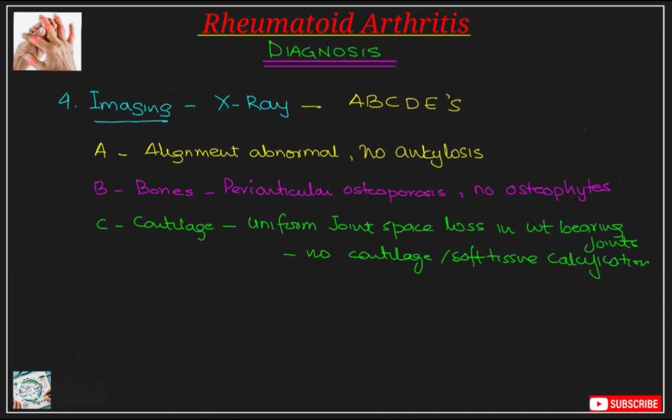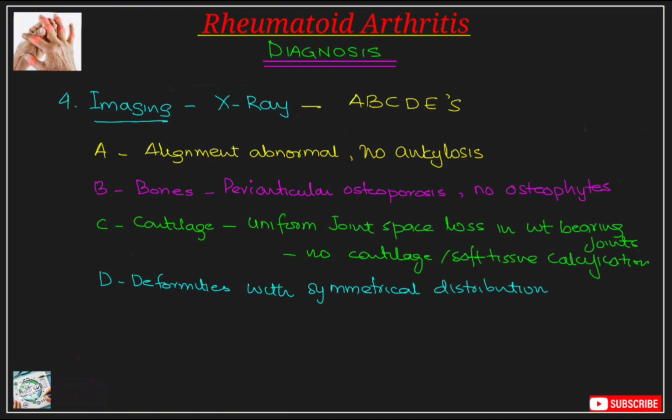In contrast, osteoarthritis causes asymmetrical joint space loss, meaning one side of the joint wears down more than the other. Another important point is that rheumatoid arthritis does not cause cartilage calcification or soft tissue calcification, unlike conditions such as pseudogout.